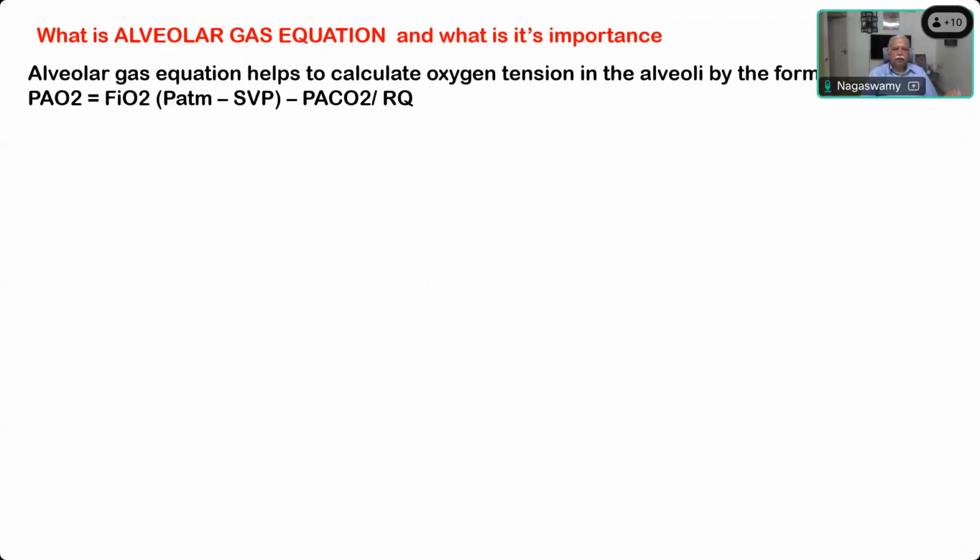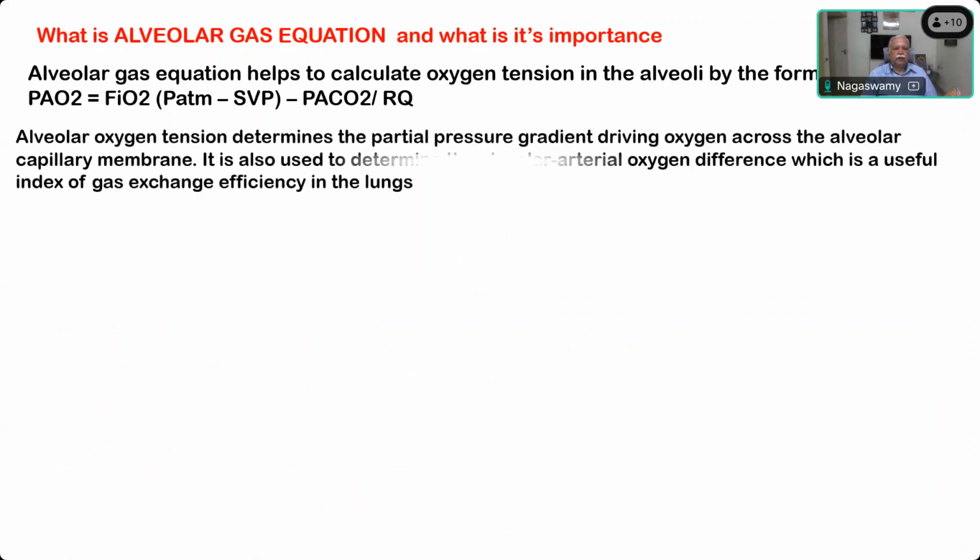Alveolar gas equation helps you calculate the oxygen tension in the alveoli by using the formula PAO2 is equal to FiO2 into the atmospheric pressure minus saturated vapor pressure of water, minus PaCO2 divided by respiratory quotient. So alveolar oxygen tension determines the partial pressure gradient driving oxygen across the alveolar capillary membrane. It is also used to determine the A-a gradient.